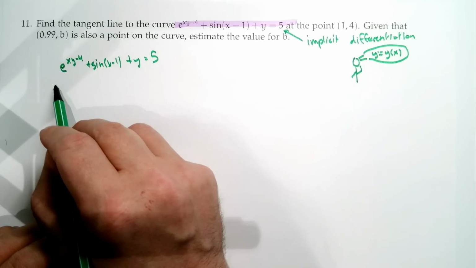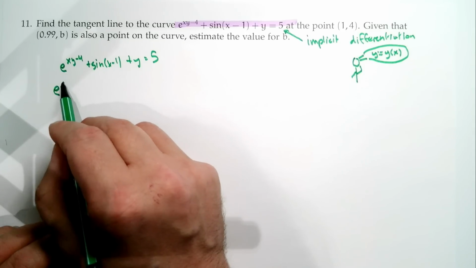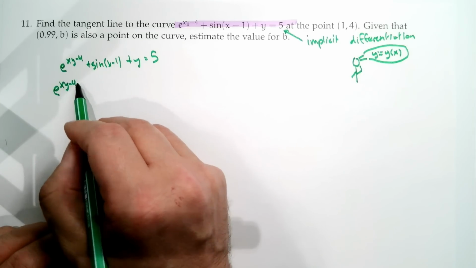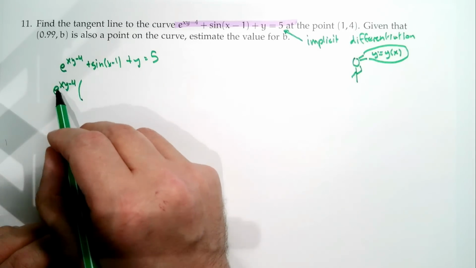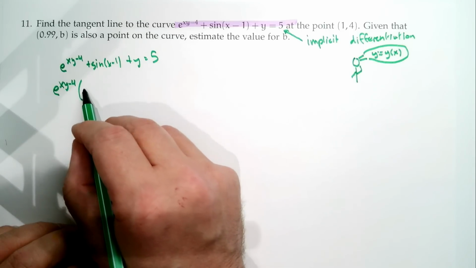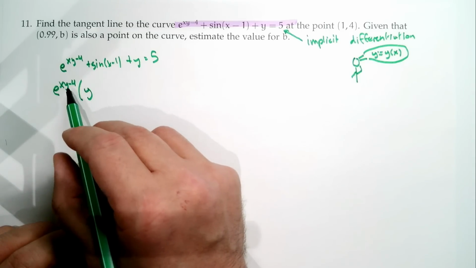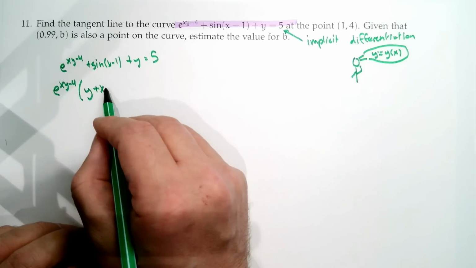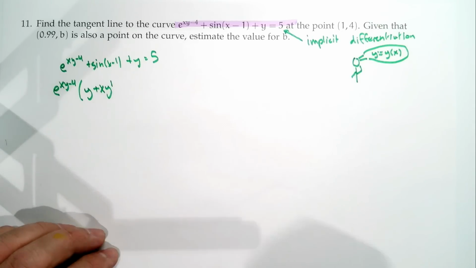So we take our derivative. So e to something, well, it's always e to that something times the derivative of that something. So I take the derivative of x times y minus 4. So derivative of x is 1 times y, then I have plus x times the derivative of y, which we write y prime. Because I remember that y depends on x, so I have to do something whenever I see a derivative of y.